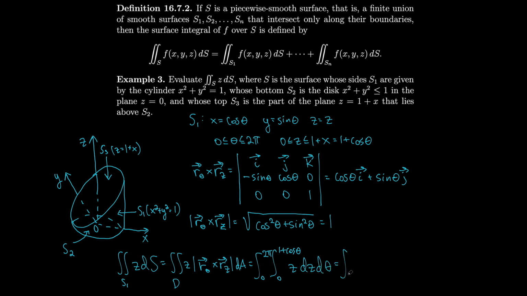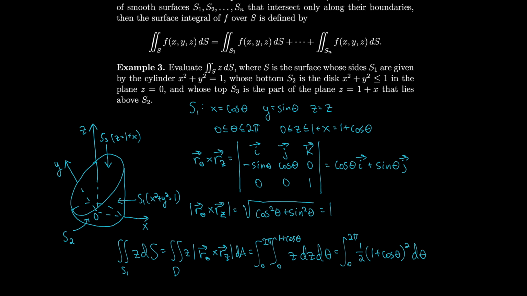So that's just the integral from 0 to 2 pi of one half times 1 plus cosine theta squared d theta, because we're throwing in the length of our cross product, which is just 1, and then when we integrate, this is just z squared over 2, plug in 1 plus cosine theta, and that's it.